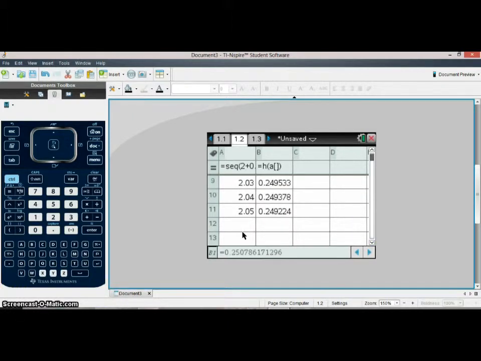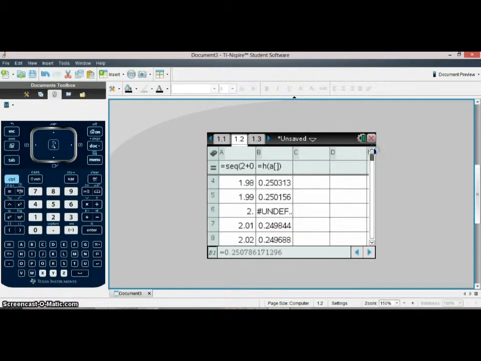And so you can approximate this: as x gets closer and closer to 2 but is slightly bigger than 2, it's approaching 1/4.